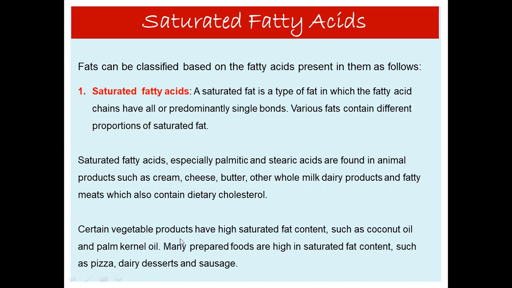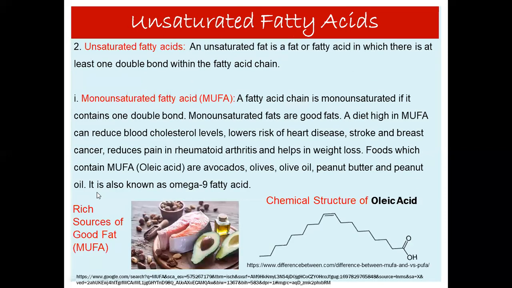Certain vegetable products also have a very high level of saturated fat, such as coconut oil and palm kernel oil. Many prepared foods are high in saturated fat content, such as pizza, dairy desserts, and sausage. All are rich in this particular type of fatty acids.